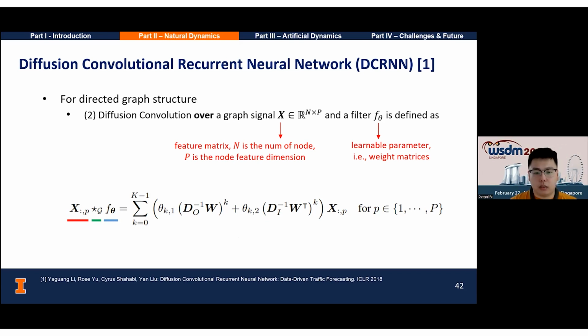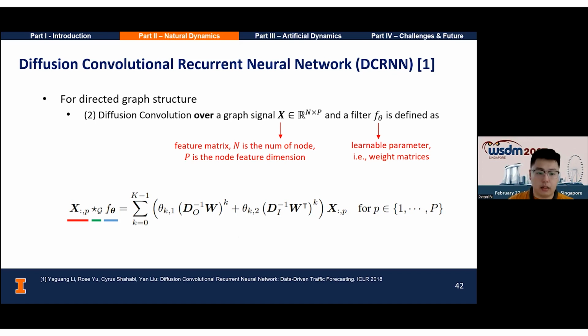And f theta, you can understand as the graph neural network filter, a learnable parameter, which is the weight matrix in graph neural networks. With this introduction, we have the following equation: X as the node feature, asterisk g as the diffusion convolution, and f theta as the weight matrix.